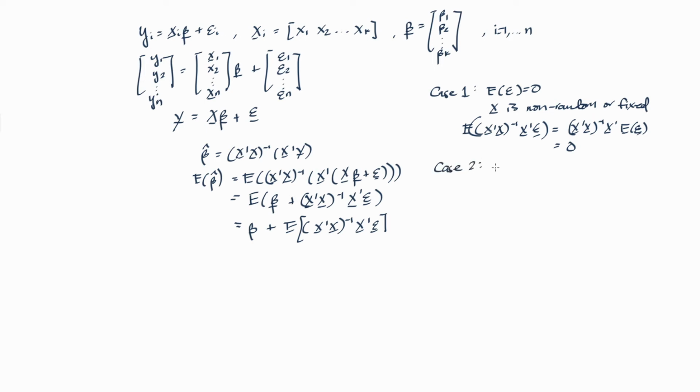Case 2 is if the expected value of epsilon conditional on X is equal to 0. For this case, we don't need X to be non-random.